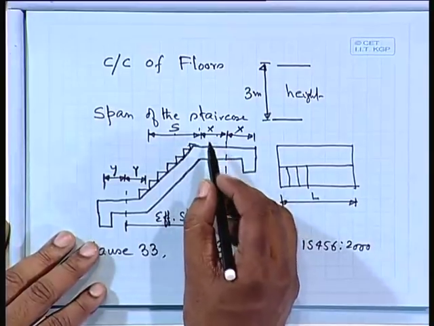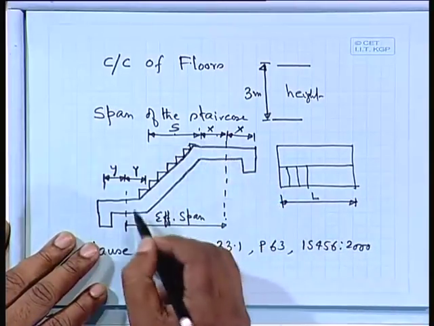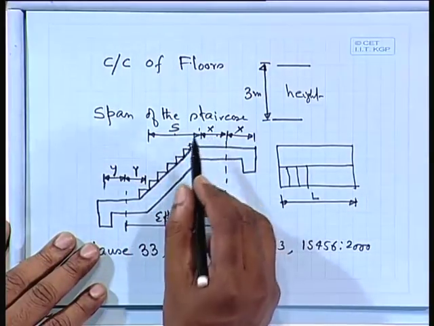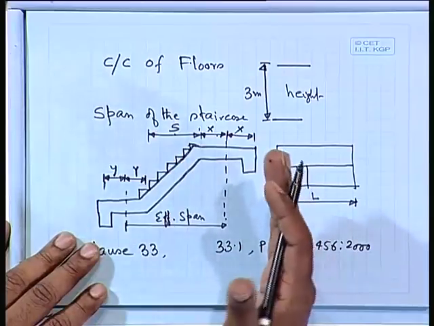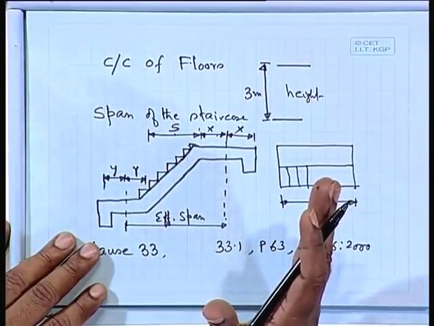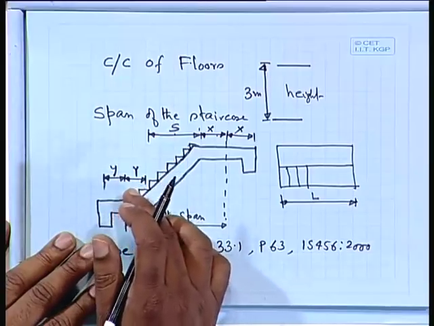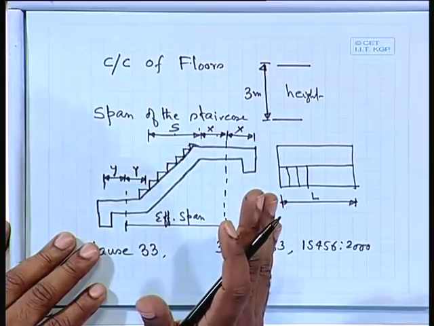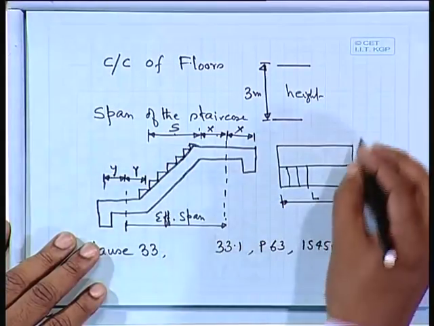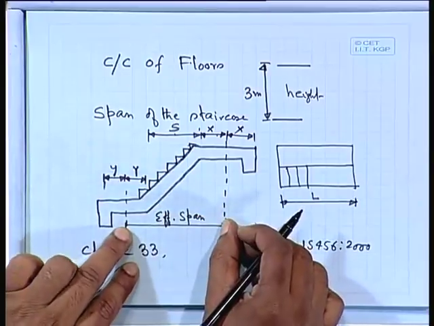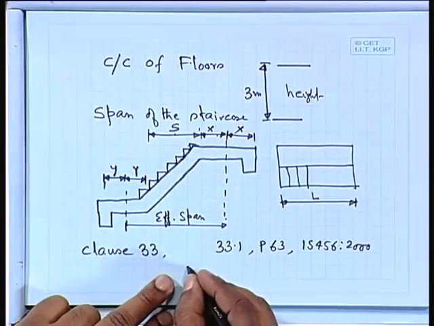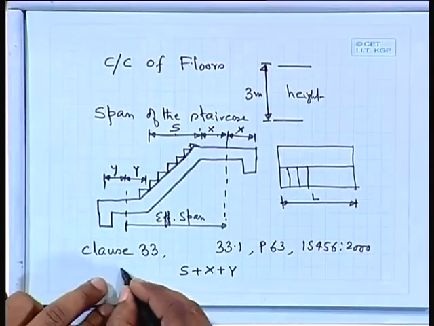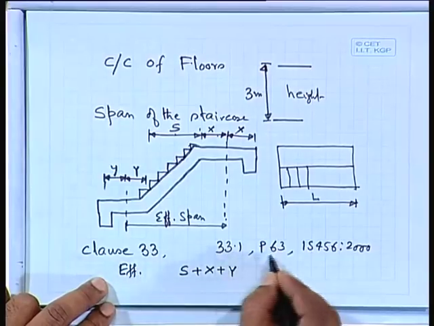But if x is greater than 1 and y is also greater than 1, then you take S plus 1 meter for each. If x is greater than 1 meter, then you take 1 meter, and if y is also greater than 1 meter, then you take 1 meter. Otherwise, if it is less than 1, then you take that x only. So I can write this effective span as S plus x plus y, but our code says this is the effective span, which you will get in this clause.